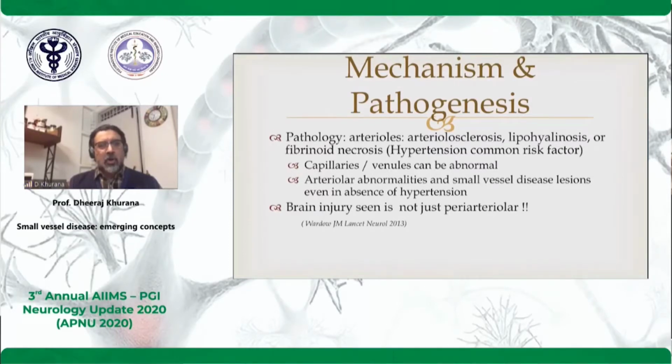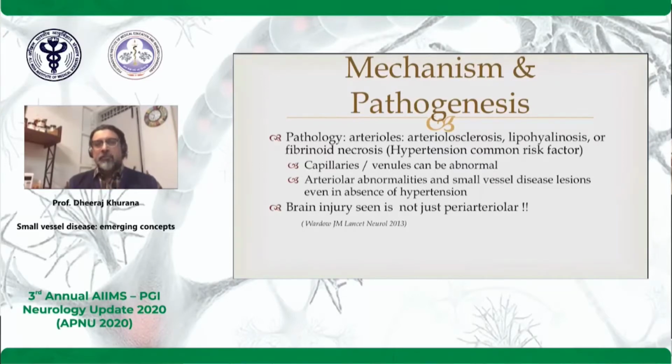Just referring to the pathology, which was initially described by C. Miller Fisher, it is seen in the small arterioles, which are less than 0.1 mm in size: arteriosclerosis, lipohyalinosis, very commonly heard terms, and fibrinoid necrosis, which indicate that likely all these processes cause occlusion of these small vessels.